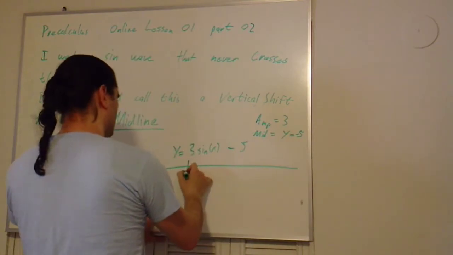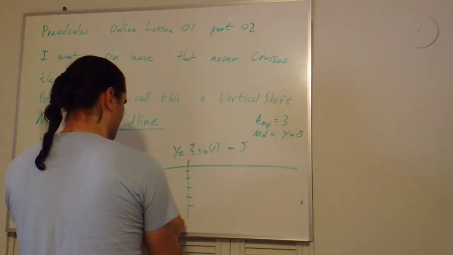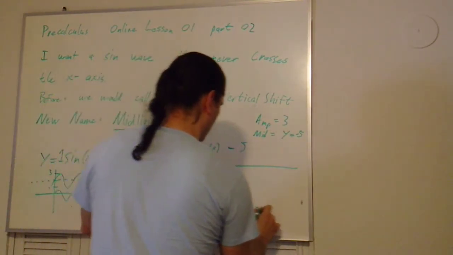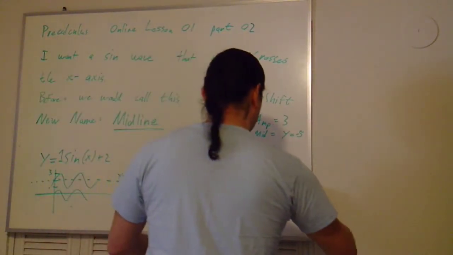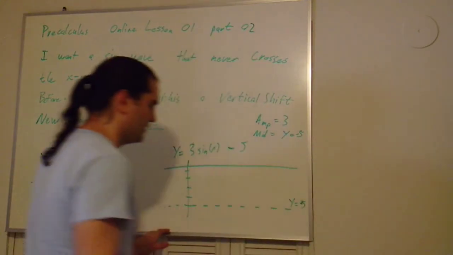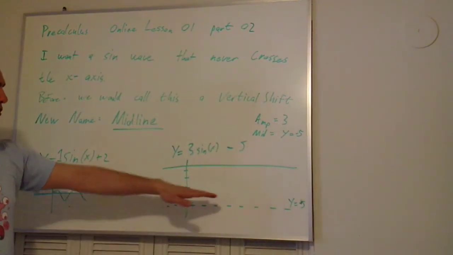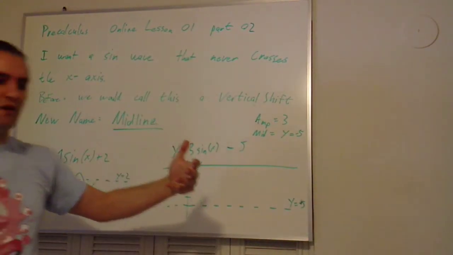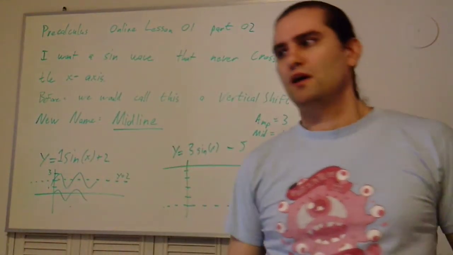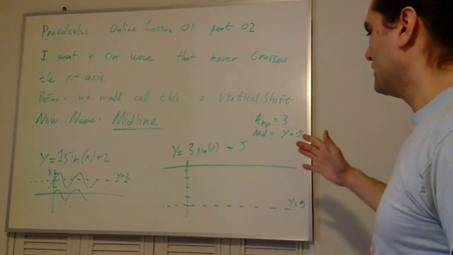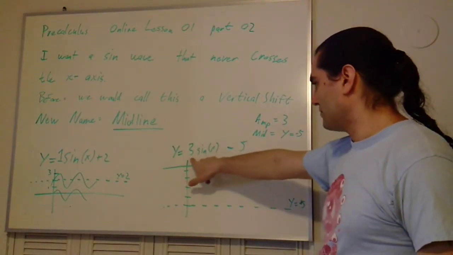So here's my axis, 1, 2, 3, 4, 5. -5 is going to be my midline. From here, I need to figure out how high the thing goes and how low the thing goes. And that's going to come from the amplitude.